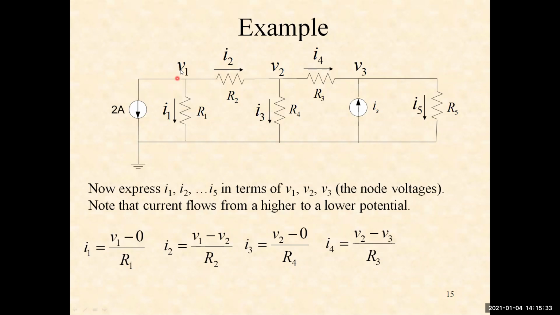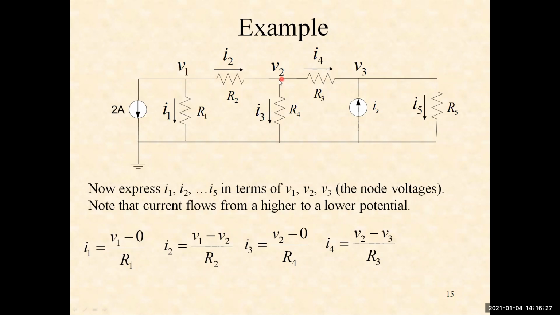V1 by R1, V1 minus V2 by R2 plus 2 equals 0. Here, V1 is higher in magnitude, that's why the current is always leaving from V1. So we have to take the plus notation, otherwise minus. Understood? Similarly, V2.